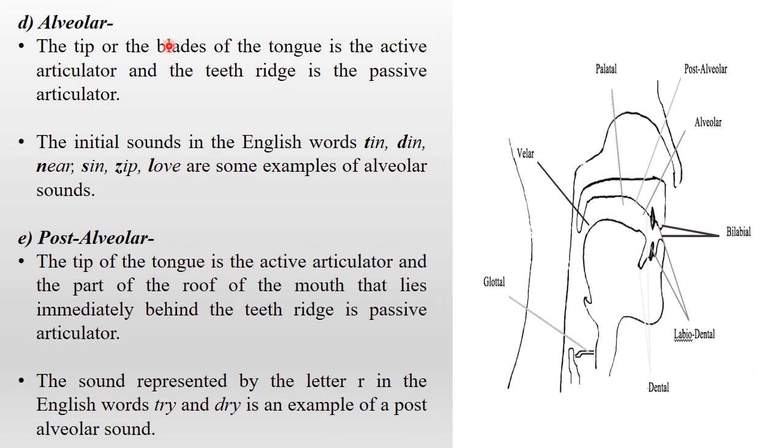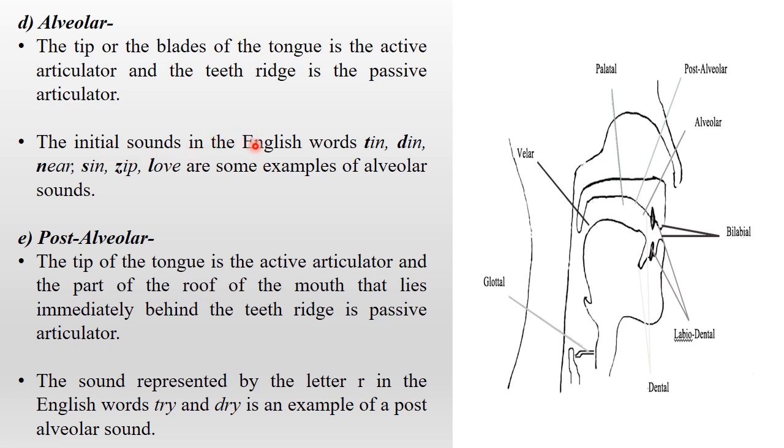Next is alveolar. The tip or the blade of the tongue is the active articulator and the teeth ridge is the passive articulator. As we know, the teeth ridge or the alveolar ridge is the area exactly behind our teeth. So the sounds which are produced when our tongue touches this portion are called alveolar sounds.